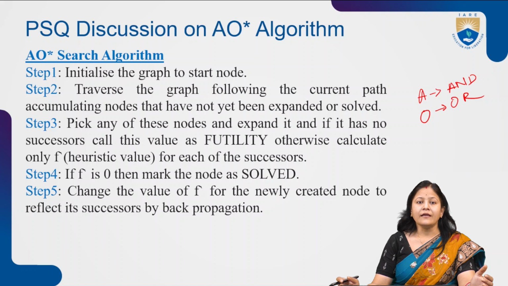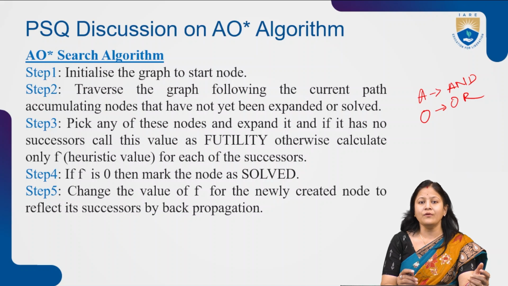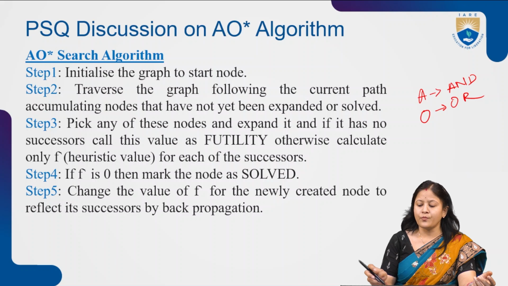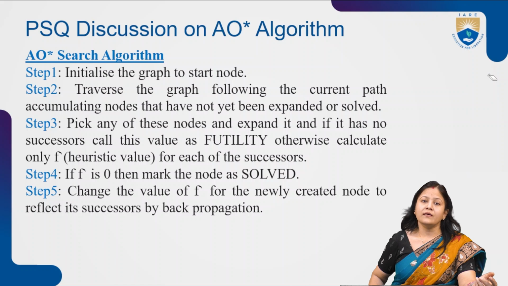Otherwise, calculate f dash, the heuristic value of the node, for each of the successors. Step 4 says that if f dash, the heuristic value, is 0, then mark the node as solved. Step 5, change the value of f dash for the newly created node to reflect its successors by back propagation. I will explain all these steps with the help of an example.